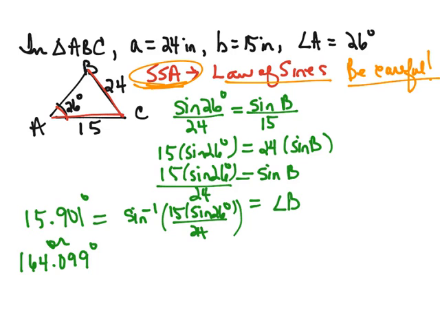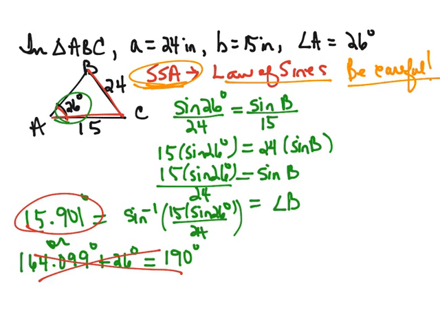But if we were to look back up at our triangle and add 26 to that value, the angle we already have in the triangle, that would equal 190 degrees, which isn't possible. So I know that this can't be a value, and the only value that will work for this particular triangle is 15.901 degrees. So this is a law of sines problem where I'm only going to have one solution, because finding the second solution doesn't form a triangle. It doesn't make sense. It gave me too many degrees.